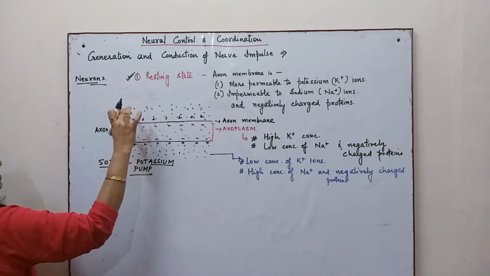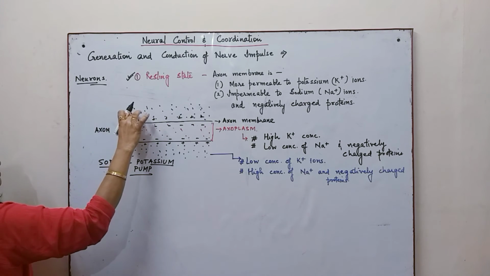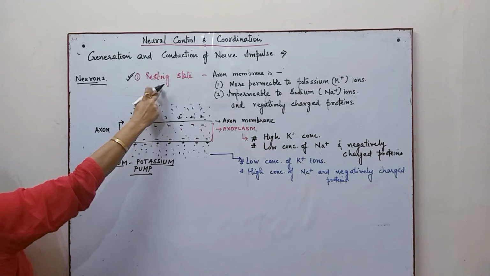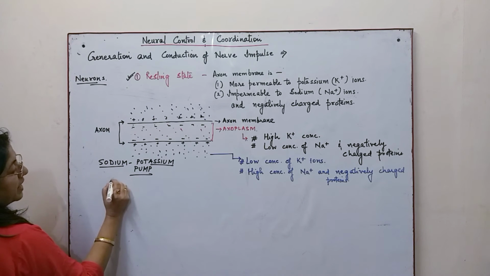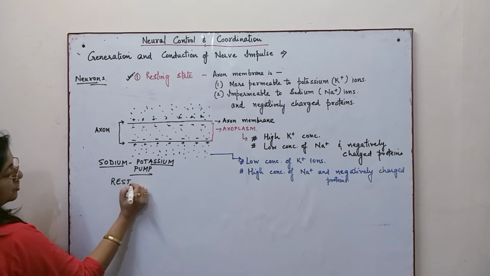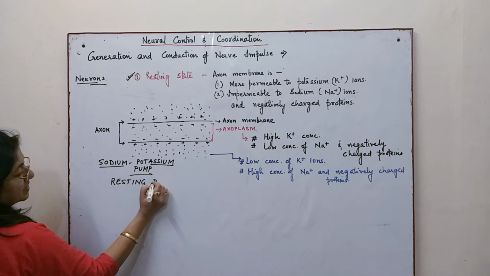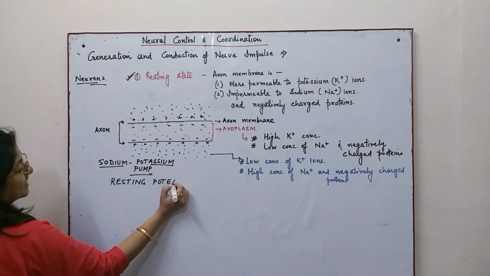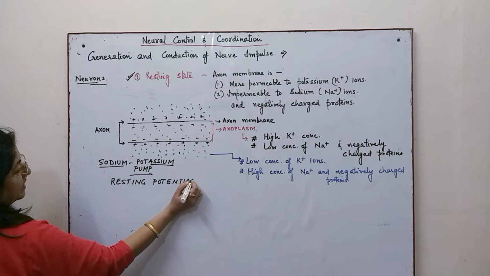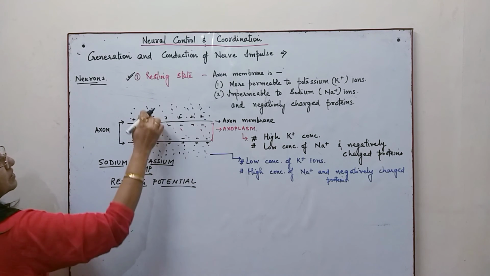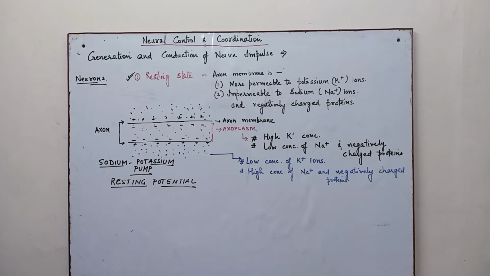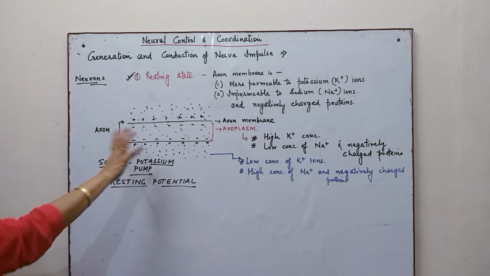This potential, or concentration gradient, developed at the resting stage is known as the resting potential. During this resting potential, the axon membrane has a positive charge outside and a negative charge inside. This is the state when no stimulus has been applied, the resting stage.